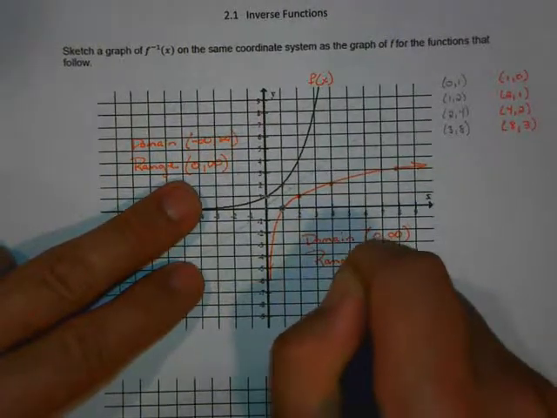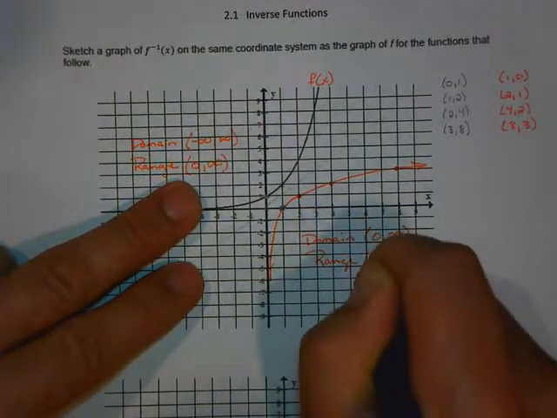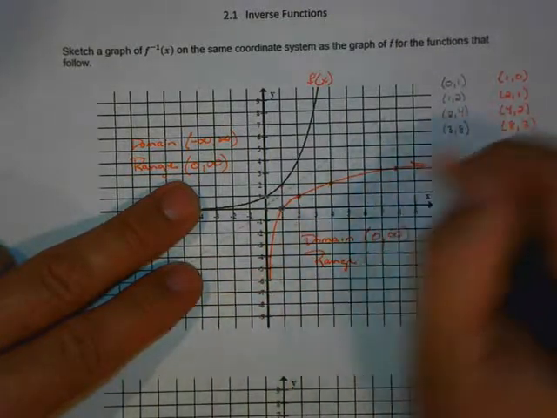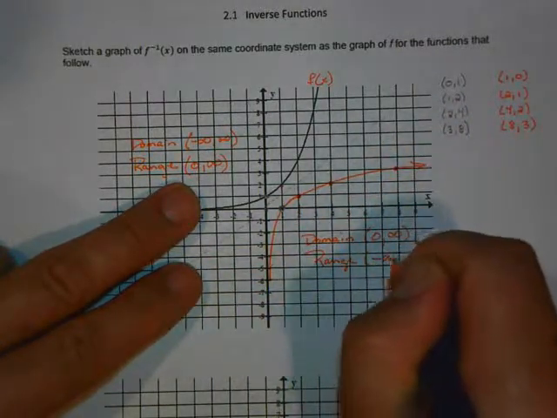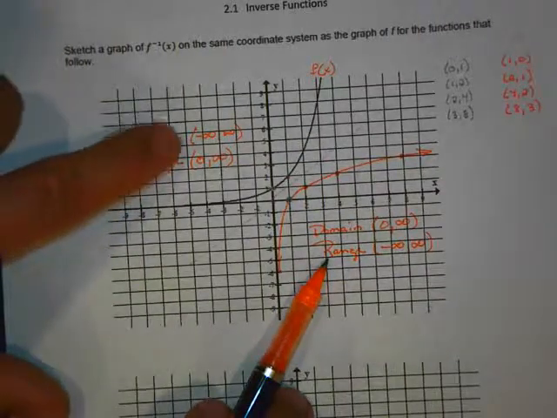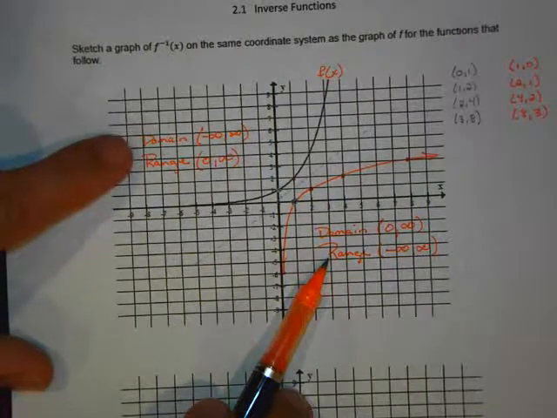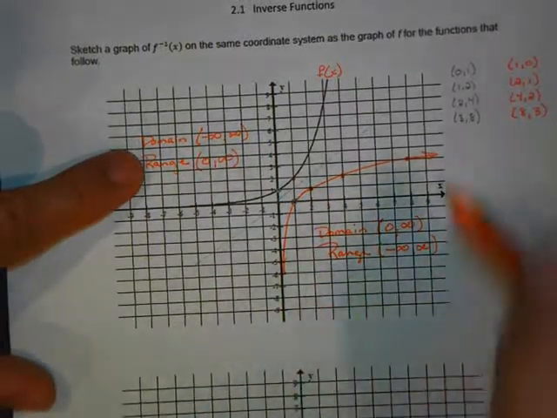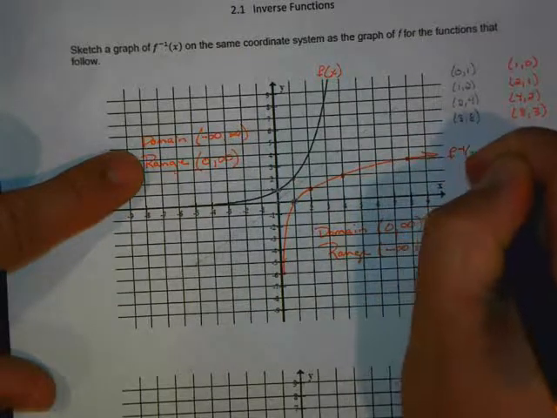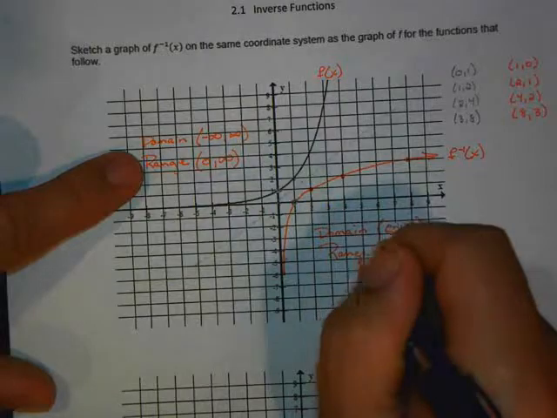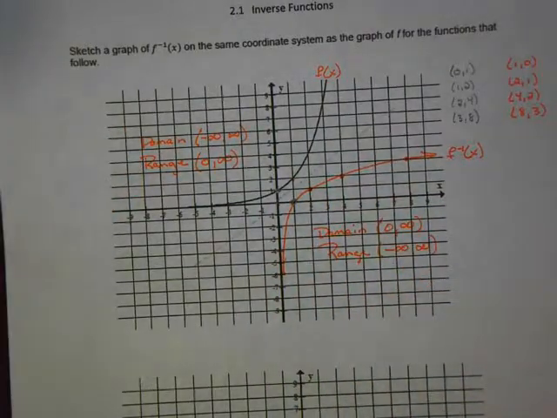The range is going to be, since it goes down forever and really goes up forever, negative infinity to infinity, all real numbers, which is what the domain was here. So notice the domain is the range of the inverse, and if this is our f inverse of x, this would be the domain and range of our inverse.